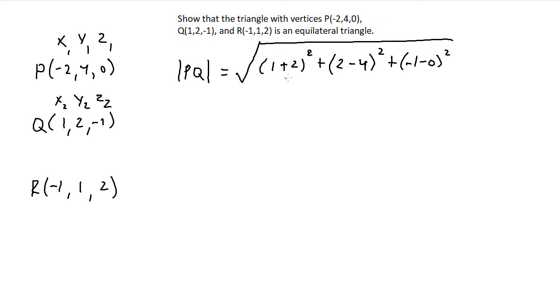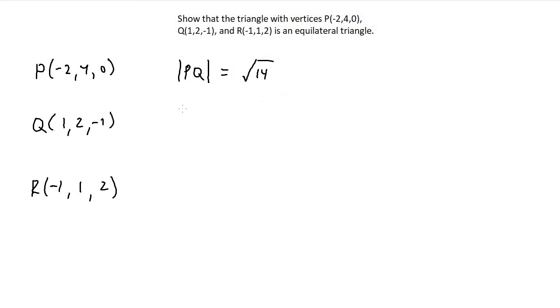And so obviously 2 plus 1 is 3, 3 squared is 9. So we get plus -2 squared, which is 4, and then plus -1 squared, which is 1. And then 9 plus 5 gives us 14. So the length, or the distance between P and Q, is the square root of 14.